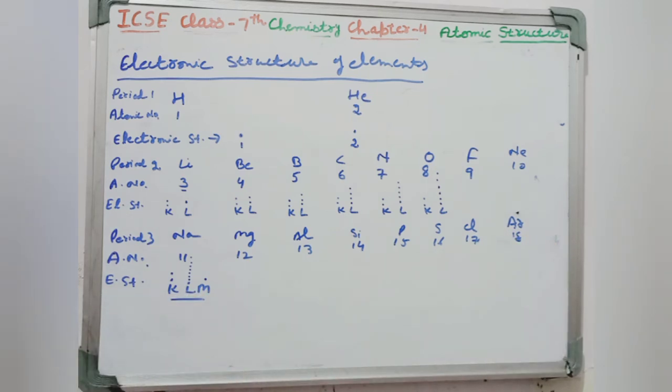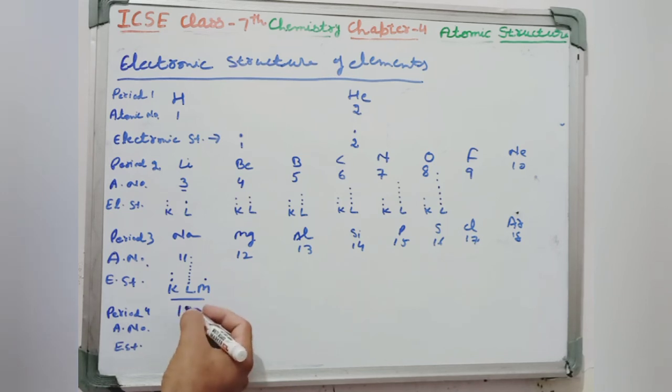Period 3, 3 shells. Period 4, 4 shells. Now we will move on to period 4. Make this electronic configuration yourself to understand. This is your homework. Period 4, atomic number, electronic structure. Period 4, K.